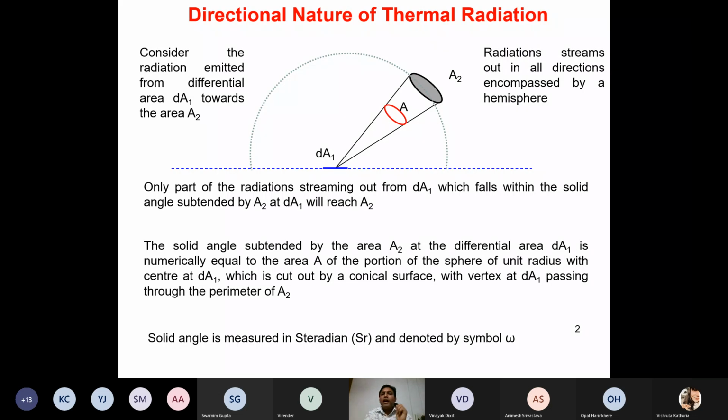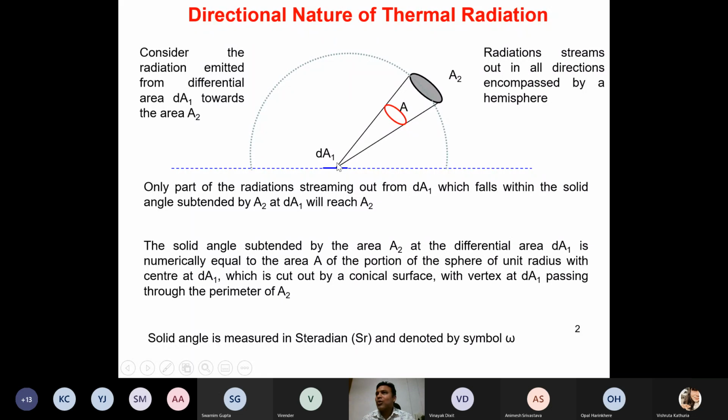Okay, so how much radiation emitted by dA1 will be intercepted by A2 is figured out using the concept of solid angle. Okay, so what is a solid angle here? Solid angle is an angle or an area subtended by A2 at dA1.